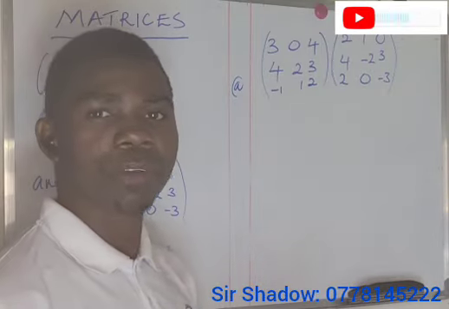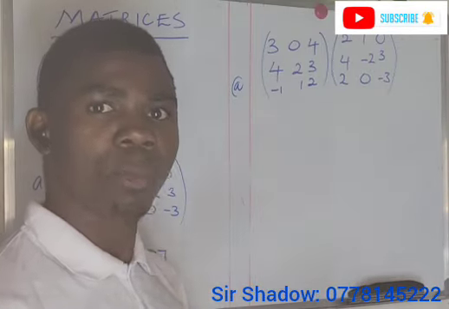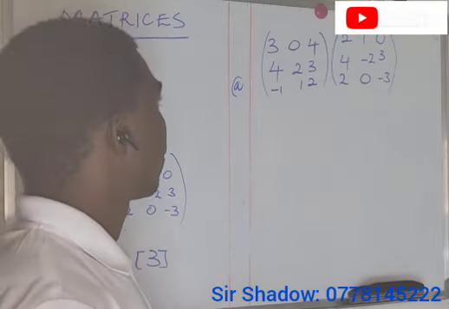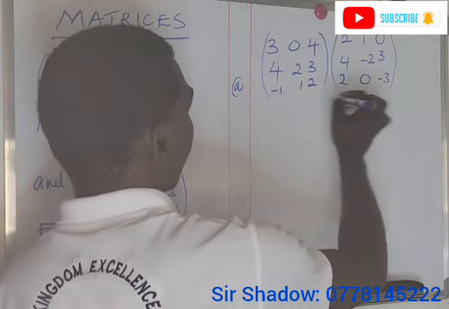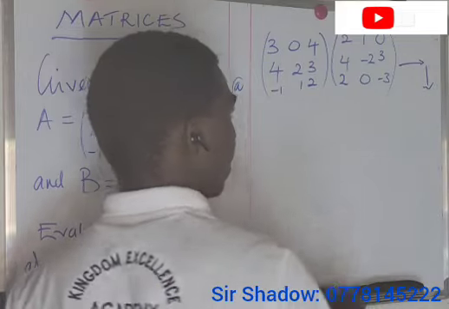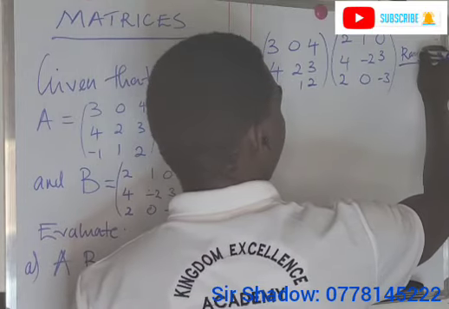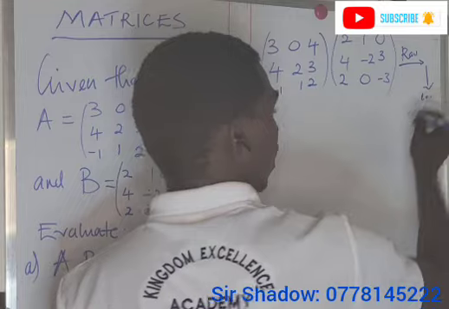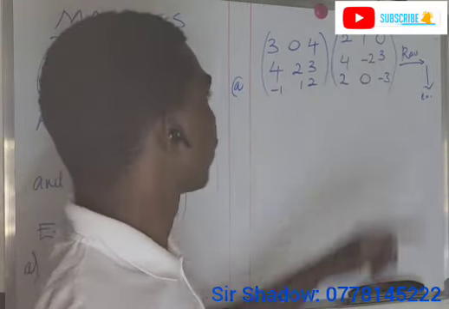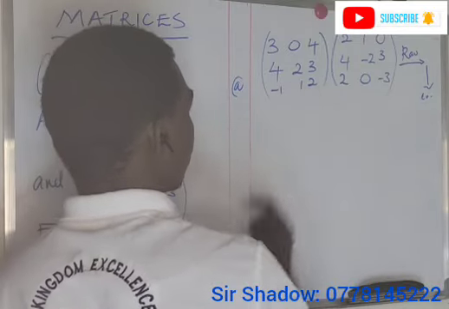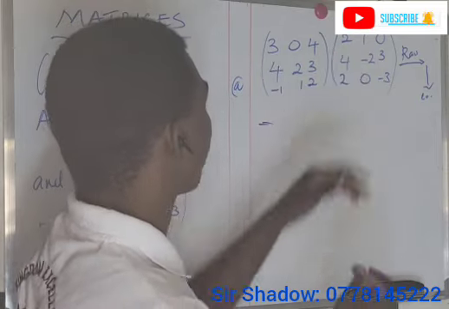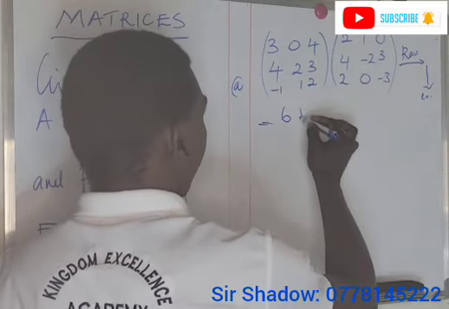For multiplication of matrices, whether 3 by 3 or even 2 by 2, we are going to say row by column.